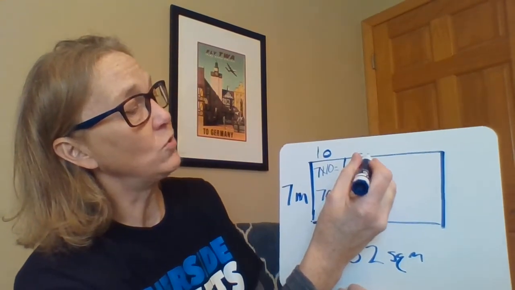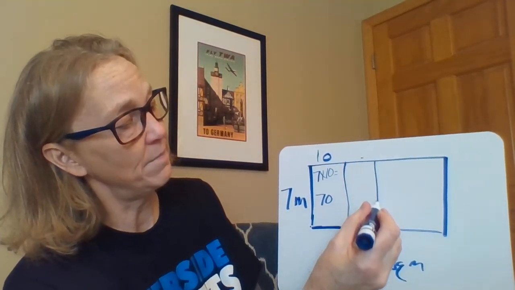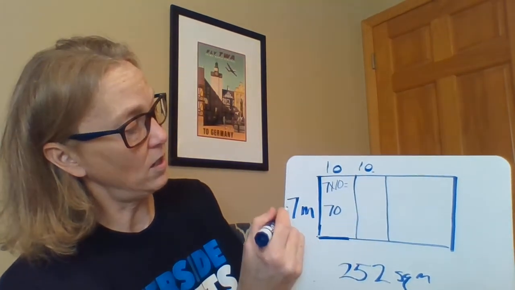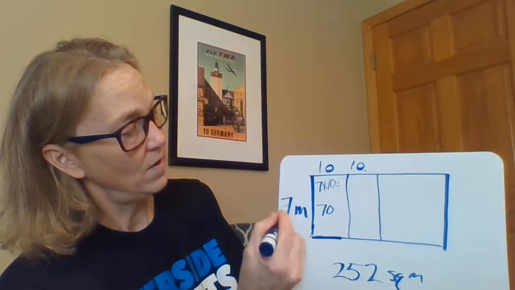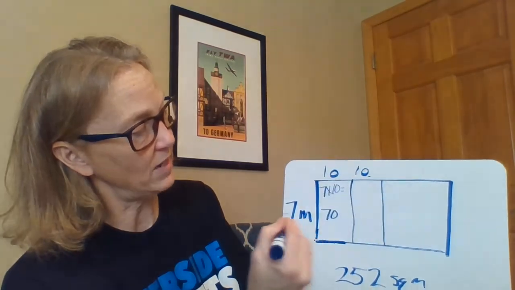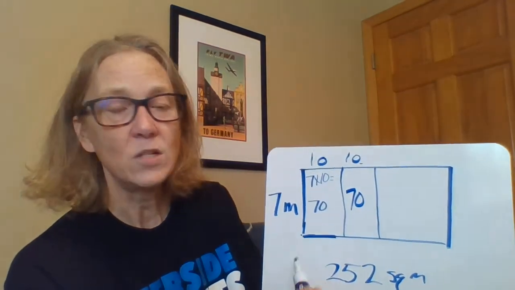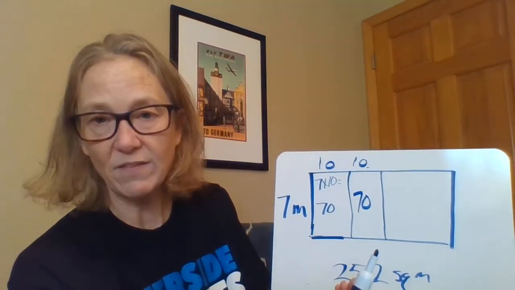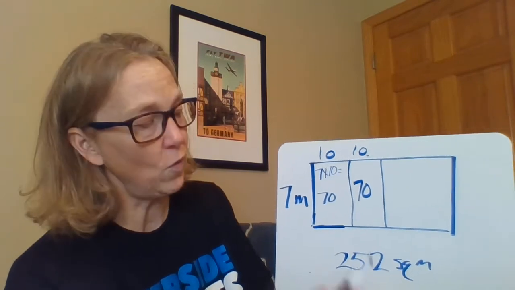So now I want to go again and divide it up. And this time I'm going to go with 10 again. And I already know that this was a 7 by 10. So this is also a 7 by 10. So this is going to be 70. So from here, my two 70s are going to get me up to 140.